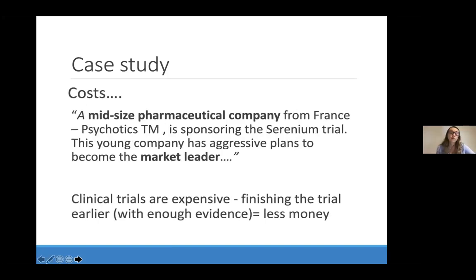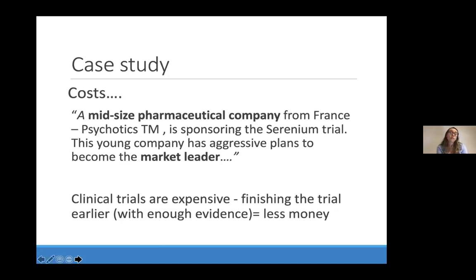And also, as discussed in our case study, and frequently discussed in interim analysis cases, costs. Because clinical trials by pharmaceutical companies are very expensive. If you finish the trial earlier, you can save some money, right? Most of the trials that I participate in are investigator-sponsored.